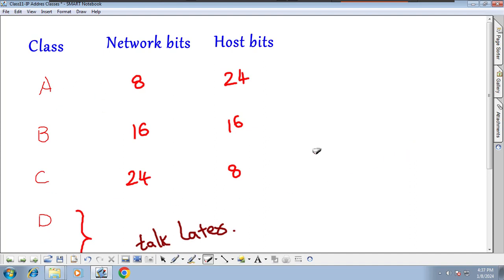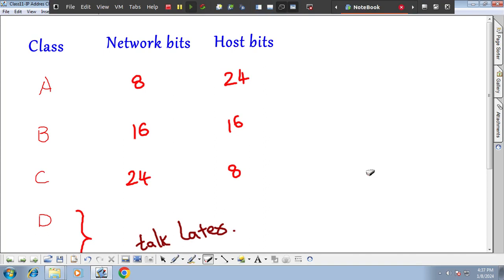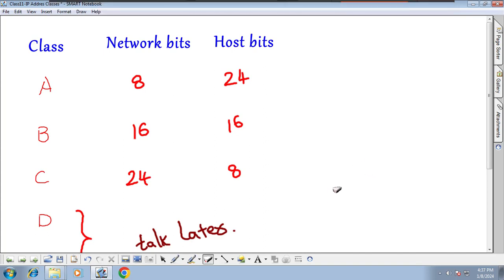We have classes A, B, C, D, E. If you take any IP address from class A, it belongs to 8 network bits and 24 host bits. If you take an IP address from class B, network bits 16, host bits 16. Similarly, class C has 24 network bits and 8 host bits. This is okay. But how do you identify which IP address belongs to which class? That is the next challenge, no?